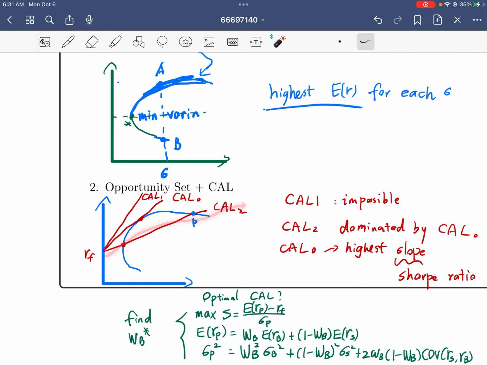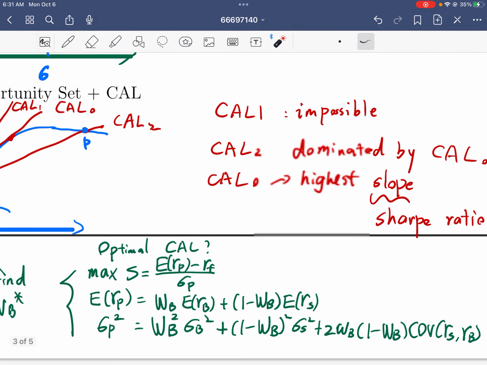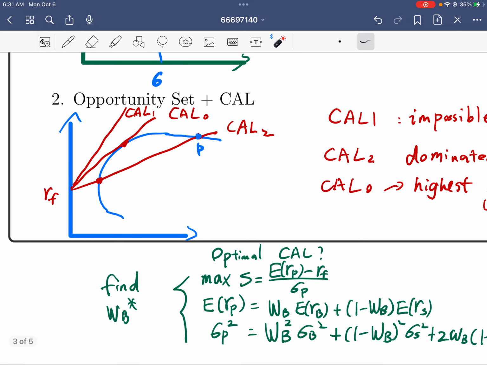For capital allocation line 2 and the optimal capital allocation line, we know 2 is dominated by the optimal one because capital allocation line 2 has a smaller slope. So the optimal capital allocation line always has the highest slope, where we also have the highest Sharpe ratio.